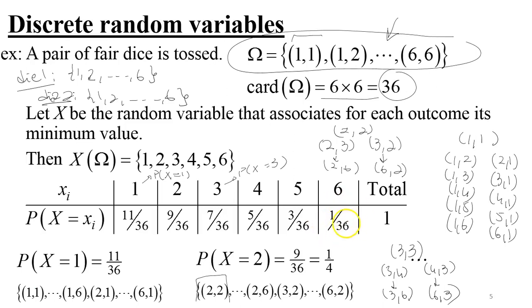So the last one should be 1 minus the rest of them. However, I'd rather you don't do it that way, because this is a way for you to determine if you had been calculating your probabilities correctly. So over here, by just finding all of them and then adding them to check if they add up to 1, that way you would actually confirm if your work had been correct or not.